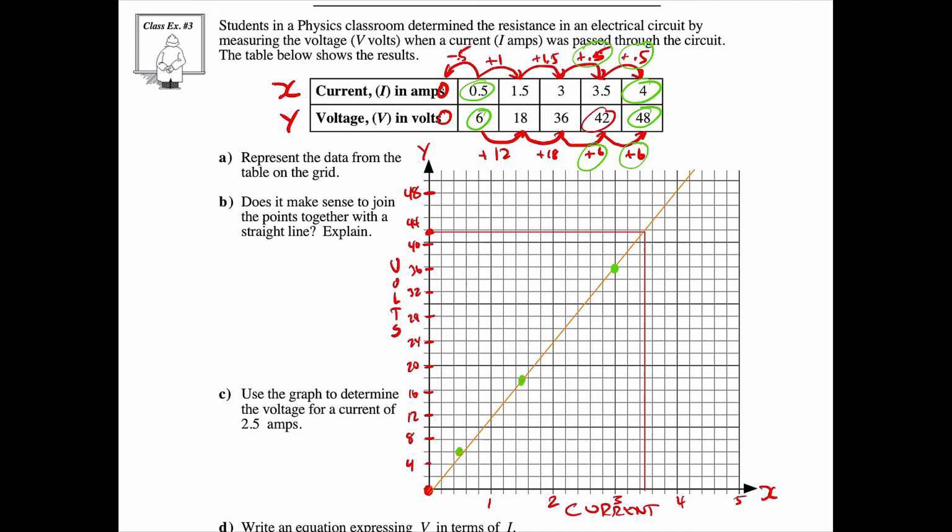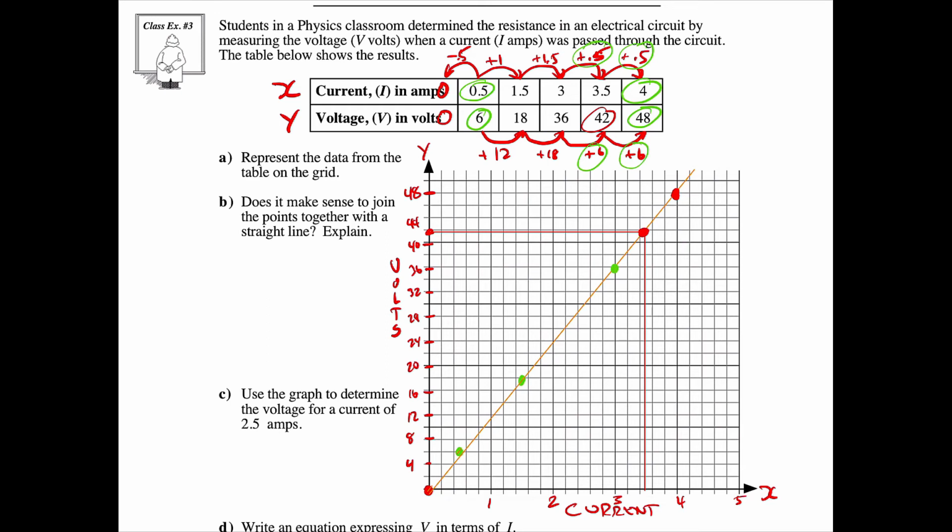Lands right at that point. Okay, and the last one says when we're at 4, it should be that point right there. And if we go across, you can see that we end up at 48. So right across here, we end up at 48 when we're coming from 4. And everything falls on that line.